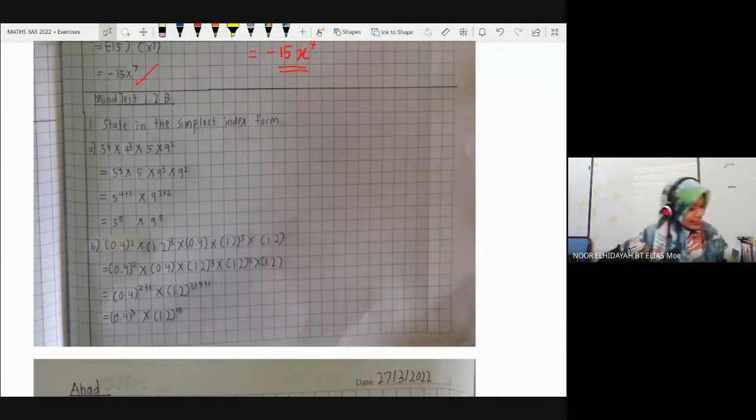A or 9? 9. Oh, okay, nampak macam A saja. Okay, 9. 5 to the power of 4 times 9 to the power of 3 times 5 times 9 to the power of 2. Okay, biasakan untuk tambahkan 1.